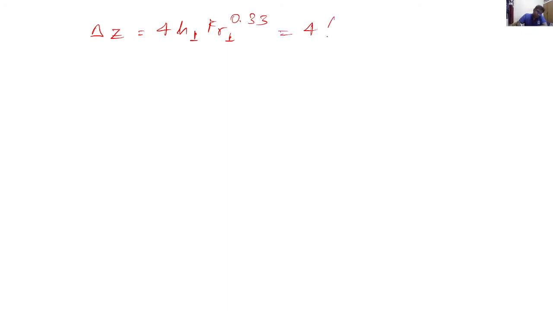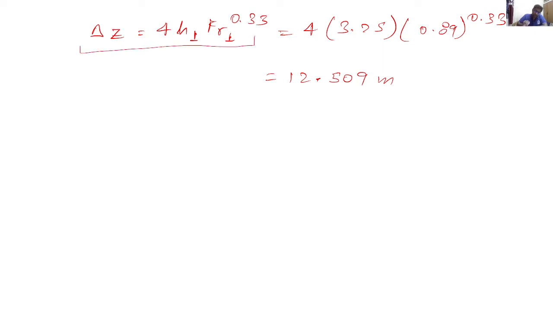So it's 4 times 3.25 times 0.89 power 0.33, which comes out to be 12.509 meters. So the abutment scour, which many people had a doubt about in this question, is a very straightforward empirical formulation: 4 h1 times the approach Froude number power 0.33.